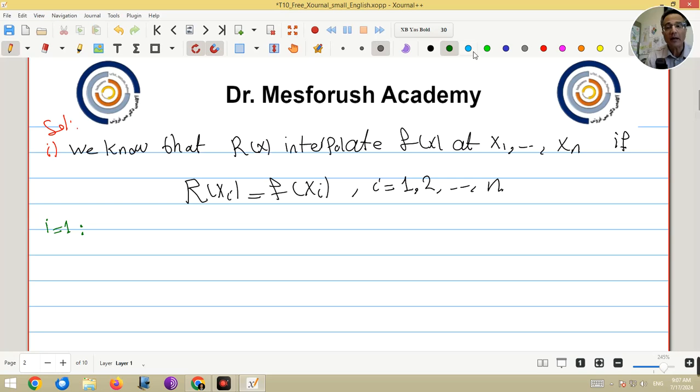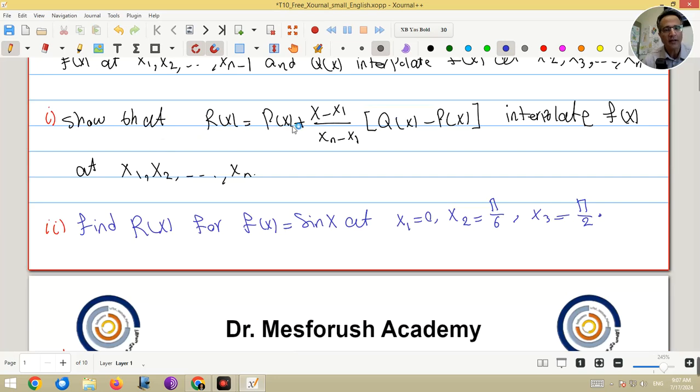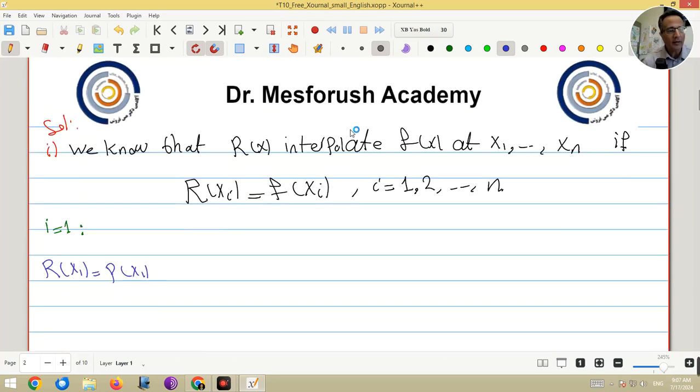So, if i is equal to 1, we can consider r at x1 equal to p at x1 plus x1 minus x1 over xn minus x1 times q at x1 minus p at x1, by the definition of r.